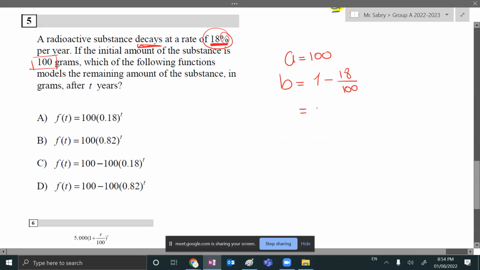So this will become 0.82. If the initial amount of the substance is 100, we know which of the following functions models the remaining amount of the substance after t years. So we know that it's 100 multiplied by 0.82 to the power of t. So this means that B must be the correct answer.